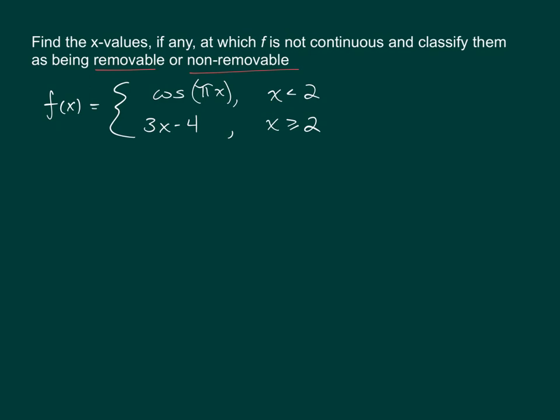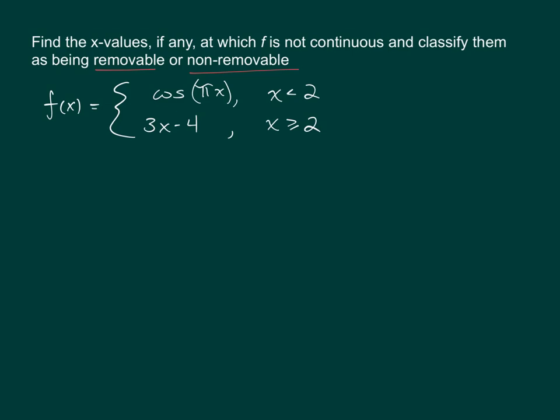We also need to check that this function, 3x minus 4, is continuous on this interval. 3x minus 4 is a linear function that is a continuous function. And even if we just take a little bit of it, it's still continuous on this interval. So that's the first thing: we just needed to check each individual function for continuity on its respective interval.